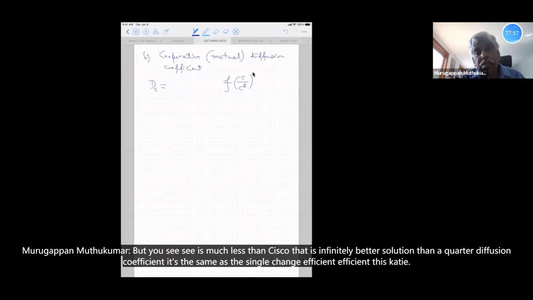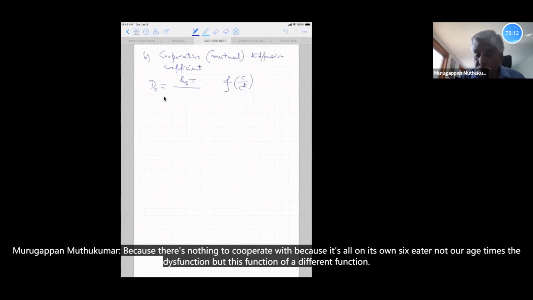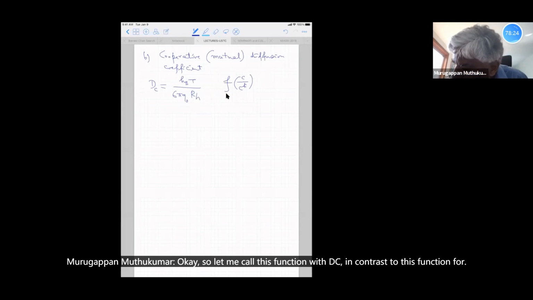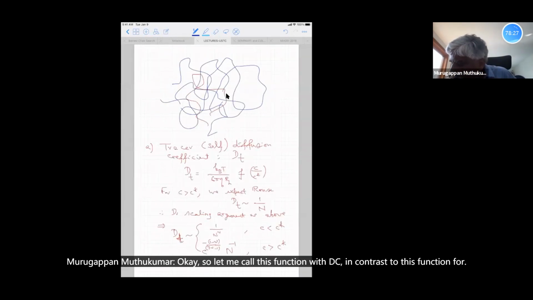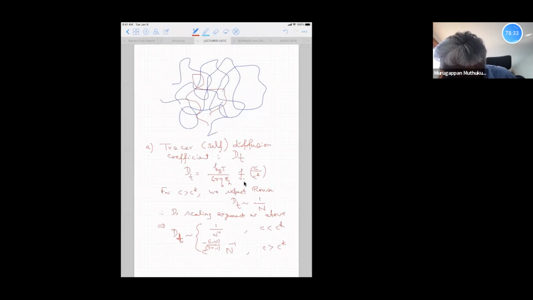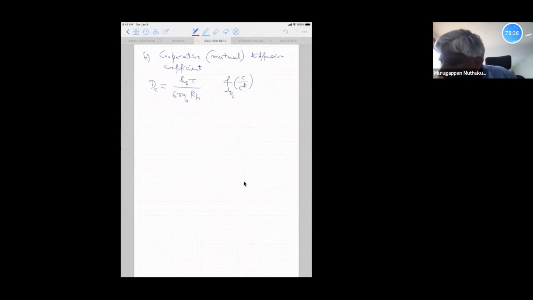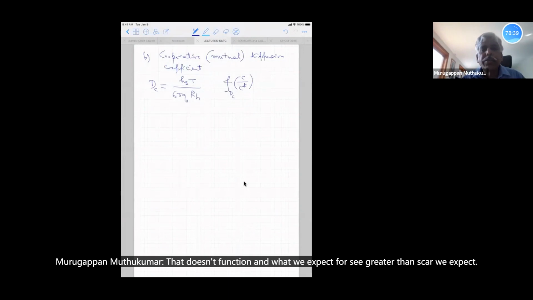But if C is much less than C star, that is an infinitely dilute solution, the cooperative diffusion coefficient is the same as the single chain diffusion coefficient, kT over 6 pi eta naught RH, times this function. But this will be a different function; let me call this function with DC in contrast to the function for DT. It's a different function.